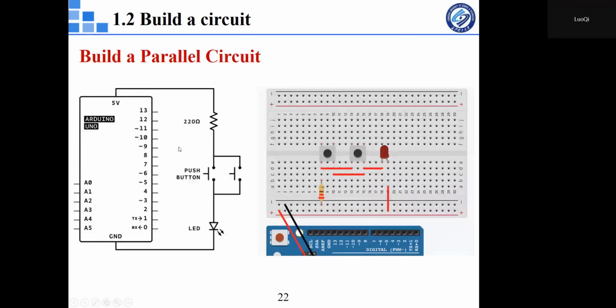Check out the circuit diagram showing the buttons in parallel. Either button can be pressed in order to create a continuous circuit path that turns on the LED.